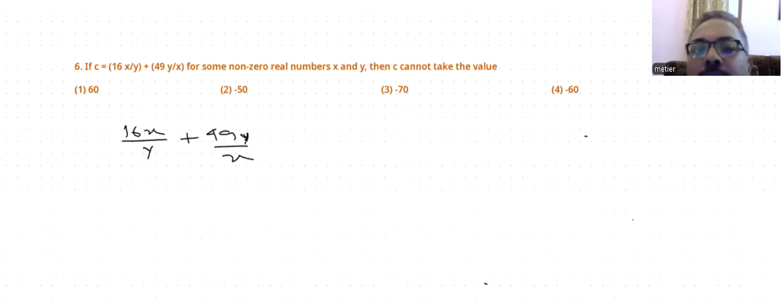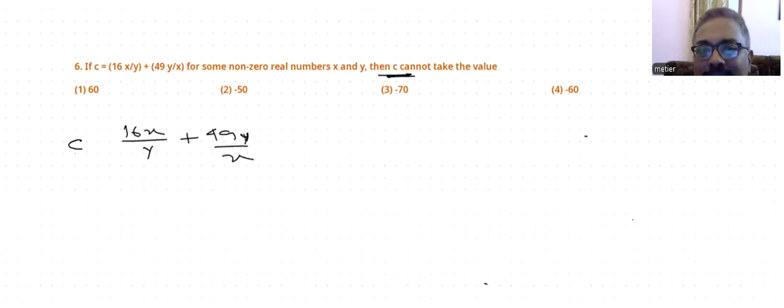We have to find out the value which C cannot take. Now have a look. If you want to go with the normal solution, what can be the range of C, what can be the value of C, it is troublesome for us because we are having two variables. So this is C for you.